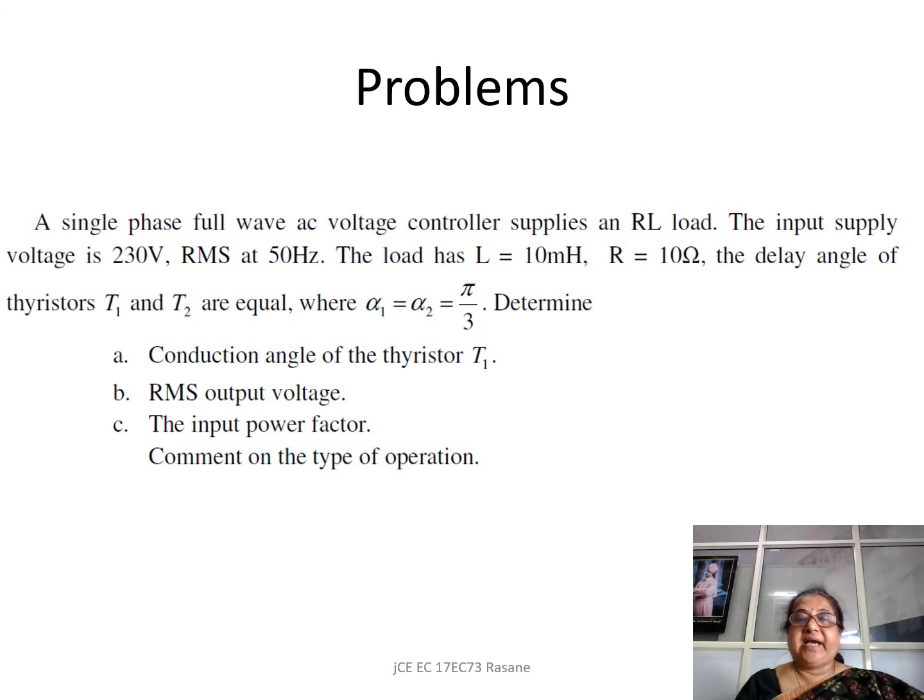The delay angles of thyristors T1 and T2, alpha 1 and alpha 2, are pi by 3. Pi by 3 means 60 degrees. Determine the conduction angle of T1. Conduction angle is equal to beta minus alpha. Then the RMS output voltage, we have derived the formula. Also the input power factor, and we also have to comment on the type of operation.